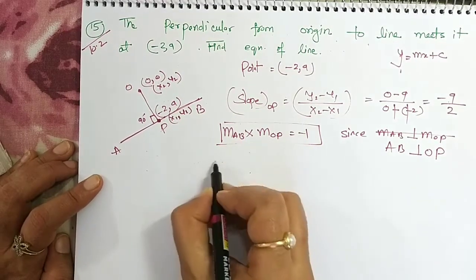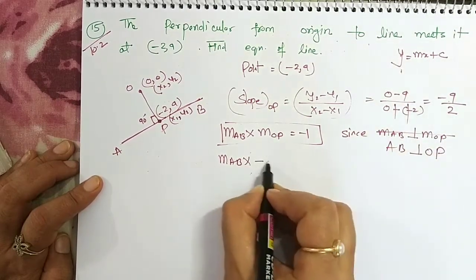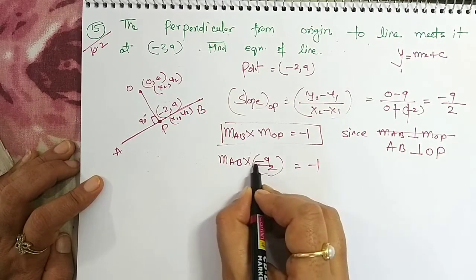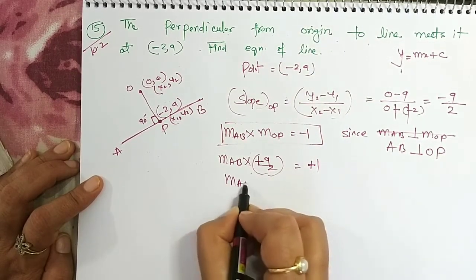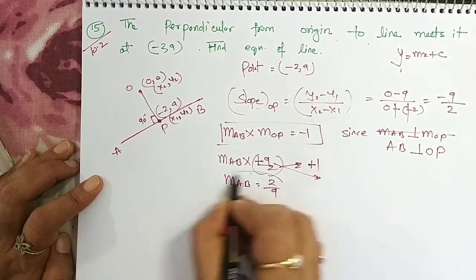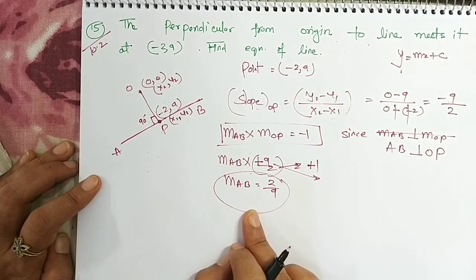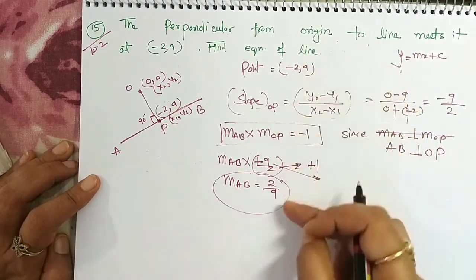So m of AB, I don't know. m of OP is minus 9 by 2, product is minus 1. So both sides, this minus and this minus will become plus. So what will be m of AB? This 2 will go here and 9 will come here. So 2 by 9. So I got the slope. So at least I have slope information. And I have point. So my job is done.